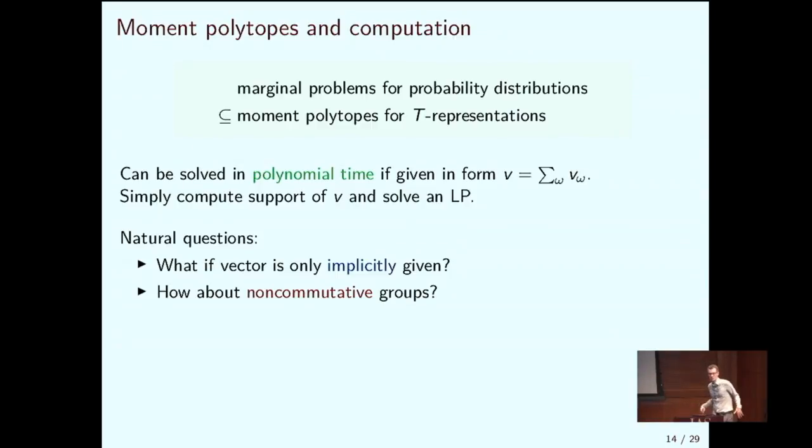So if someone gives you the polynomial as a sum of monomials, this is an easy problem to solve, okay? But now, of course, you could ask, and I guess you did ask, what if the vector is only implicitly given? What if this polynomial I don't write down as a sum of monomials? And then we also ask, how about non-commutative group actions? That's going to be an even richer class of objects to consider.